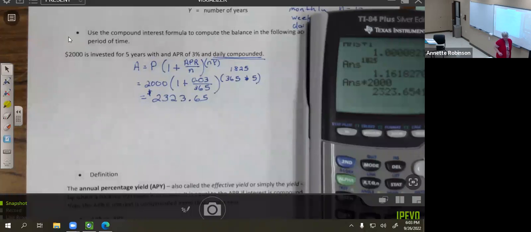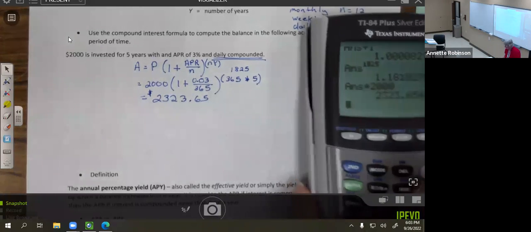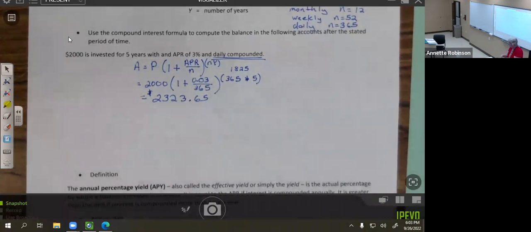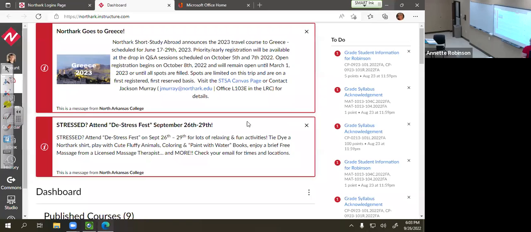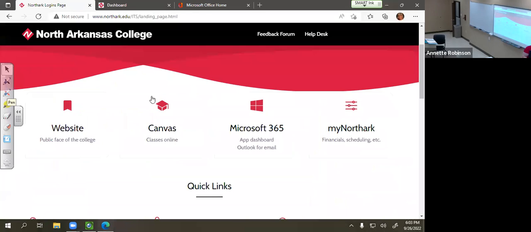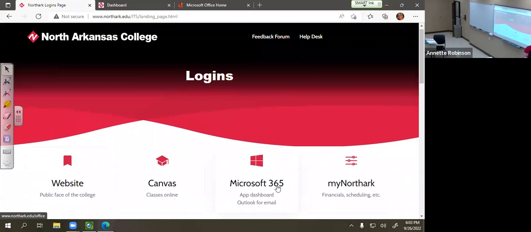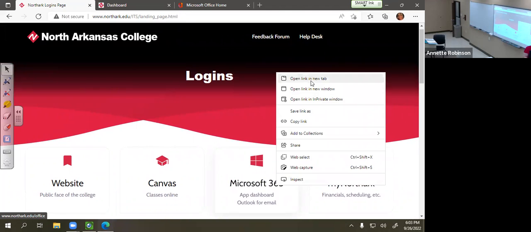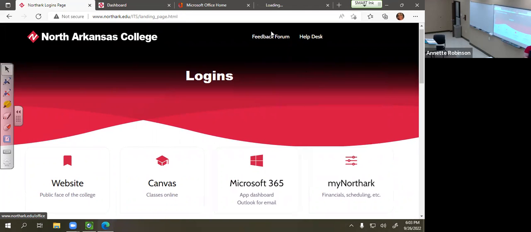Now, I will have to come back to this paper. But right now, I'm going to have to go to Excel so you can't see my paper. I should be able to split the screen, but I don't know how to do that. All right, so I'm going to minimize that. And what I'm doing is I'm going to my North Ark login page. You all know you have Microsoft 365 available to you.